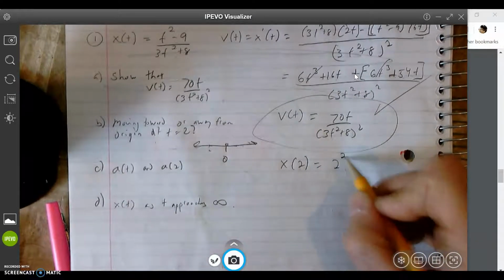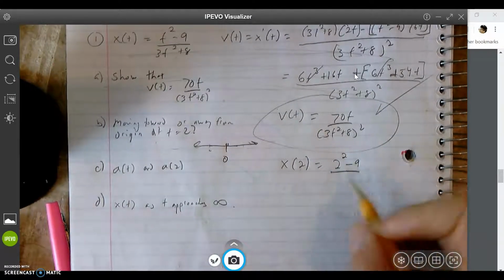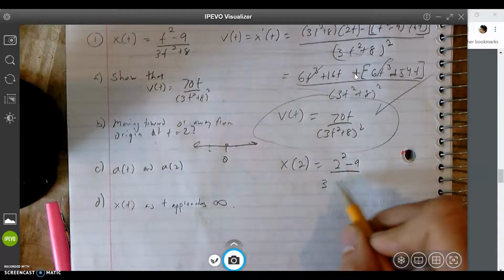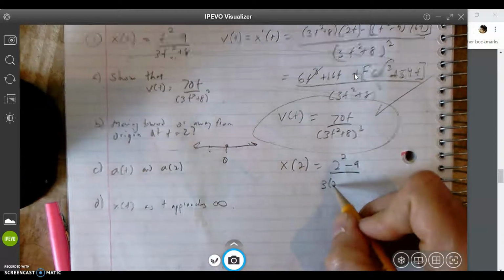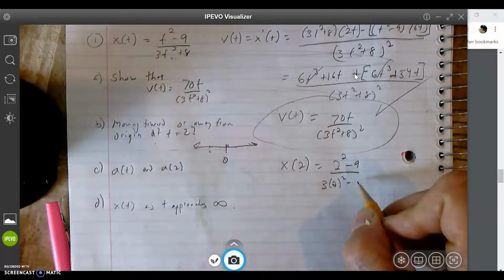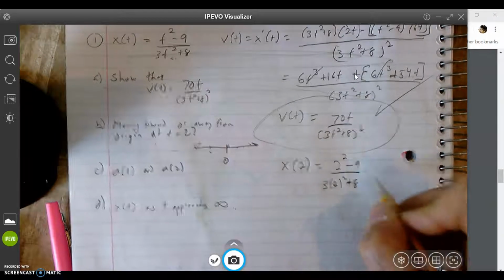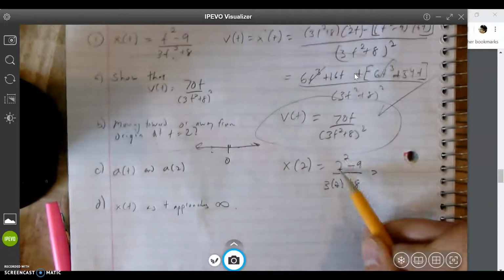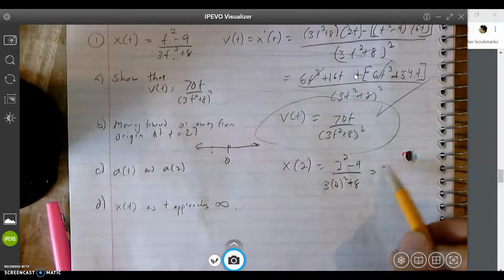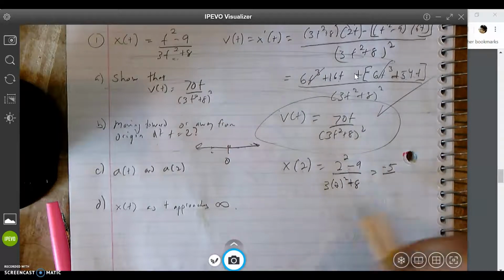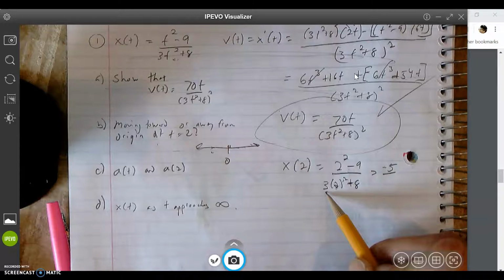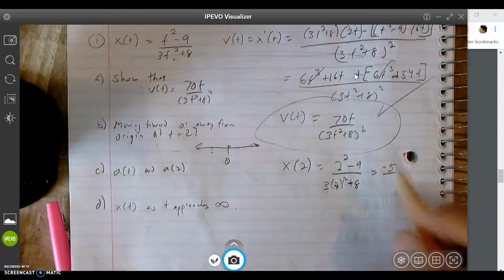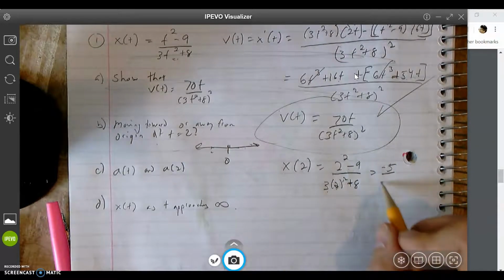So that's 2 squared minus 9 over 3 times 2 squared plus 8. I'm just plugging in here, right? So that would be 4 minus 9, which is negative 5. And this is 4 times 3, which is 12, plus 8, which is 20.